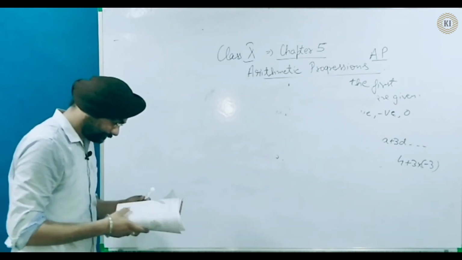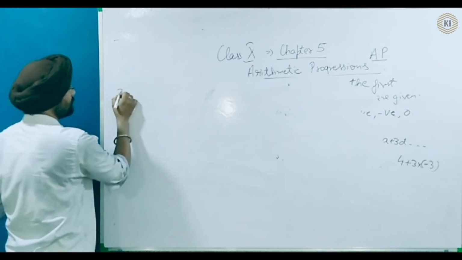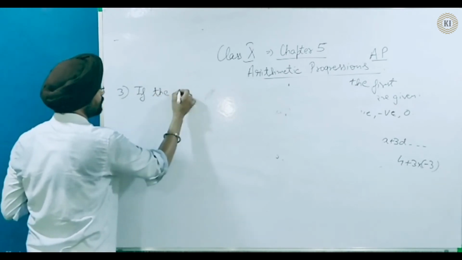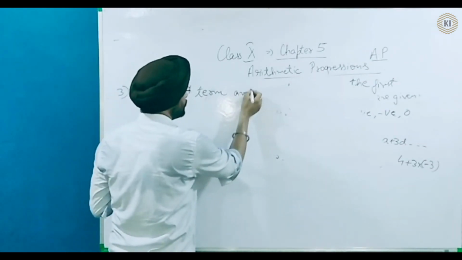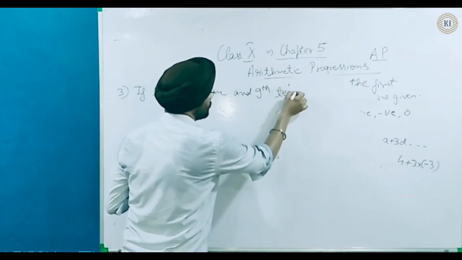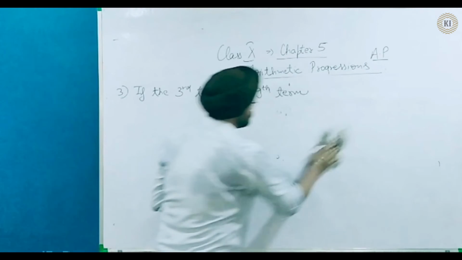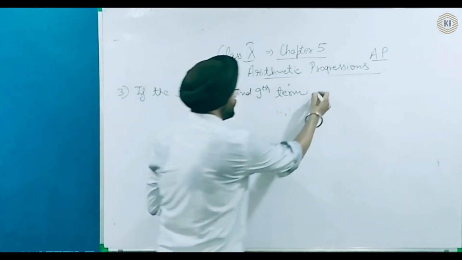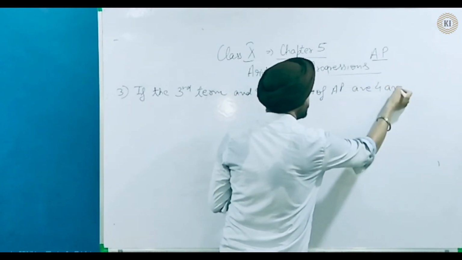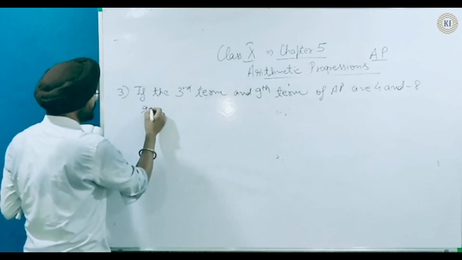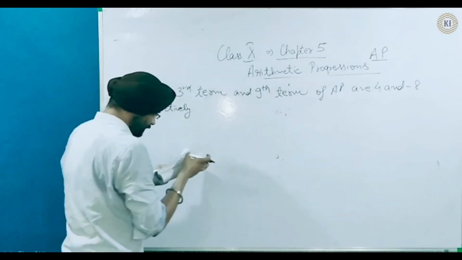See, the question is: if the third term and ninth term of an AP are 4 and minus 8 respectively, which term of this AP is 0?